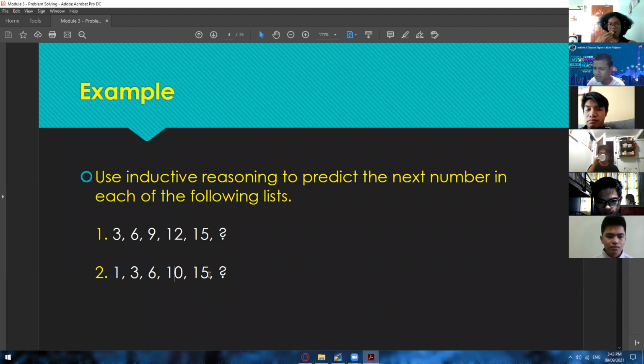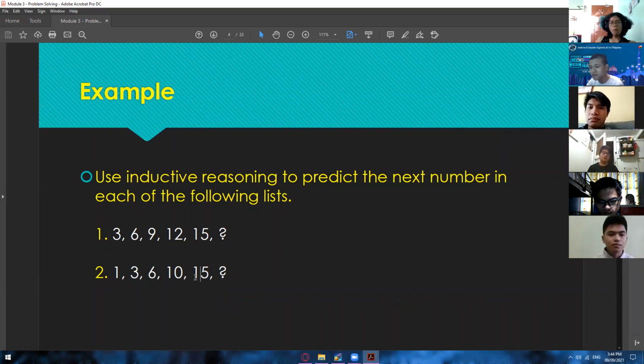At first glance, maybe you weren't able to get this one, but after 10 to 15 seconds, you realize that the first difference is 2, the second difference is 3, the third difference is 4, and the last difference is 5. Then the next one should be 6. So we have 15 plus 6 is equal to 21.